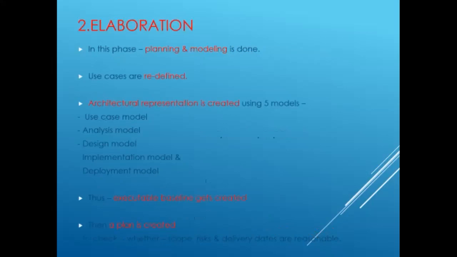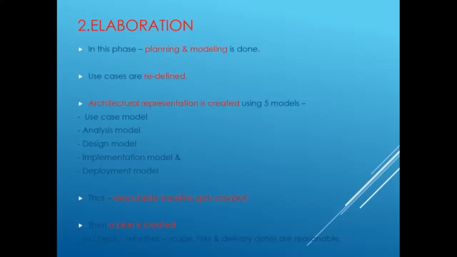Second phase is elaboration. In this phase, planning and modeling is done. That means the overall software project's planning and modeling is done in this elaboration phase, where use cases are redefined. That means architectural representation is created using 5 models.